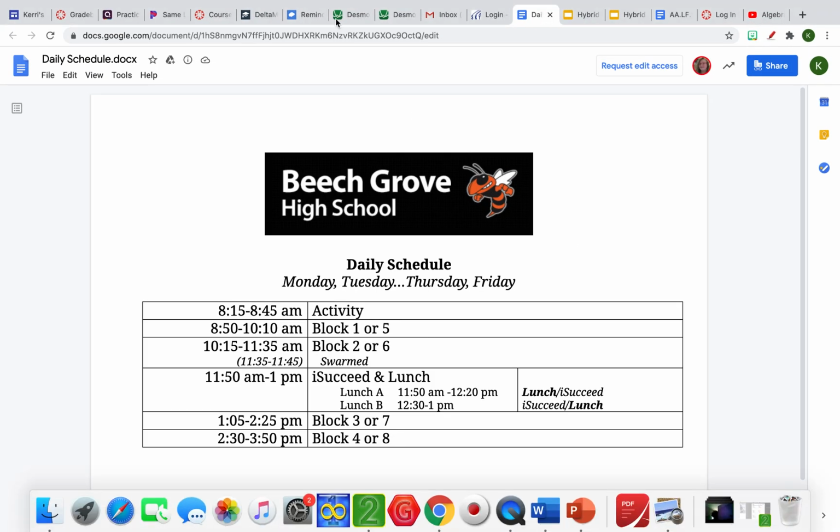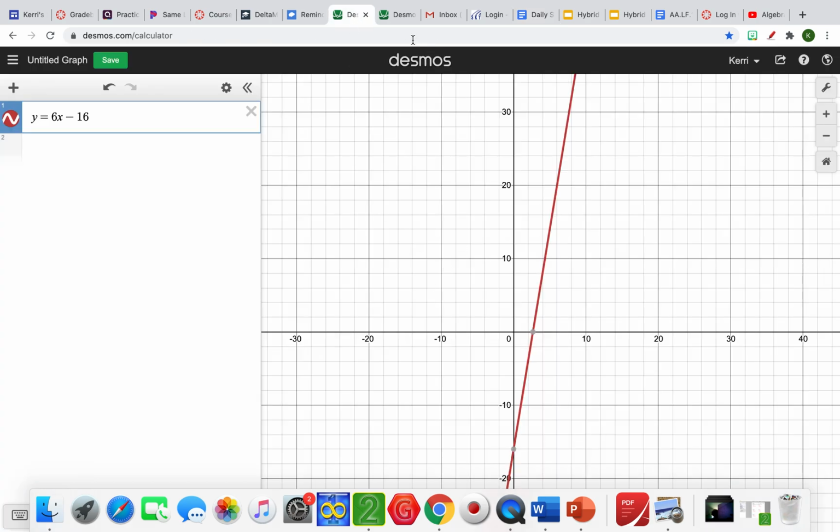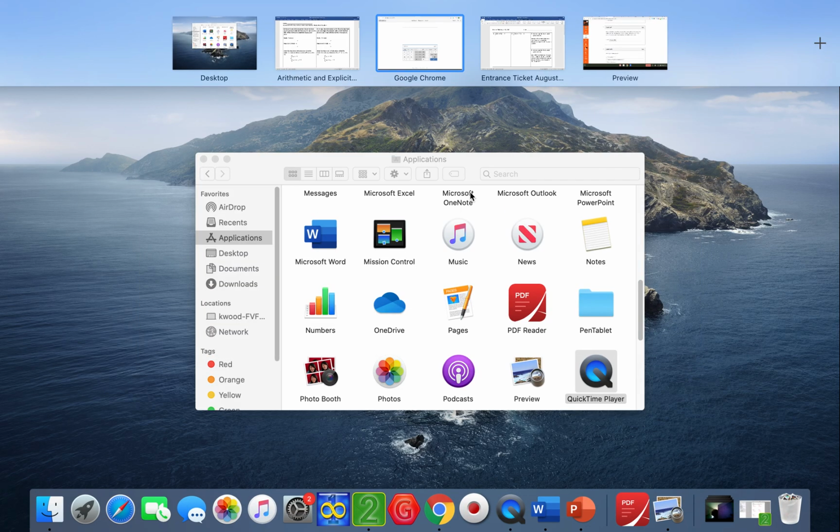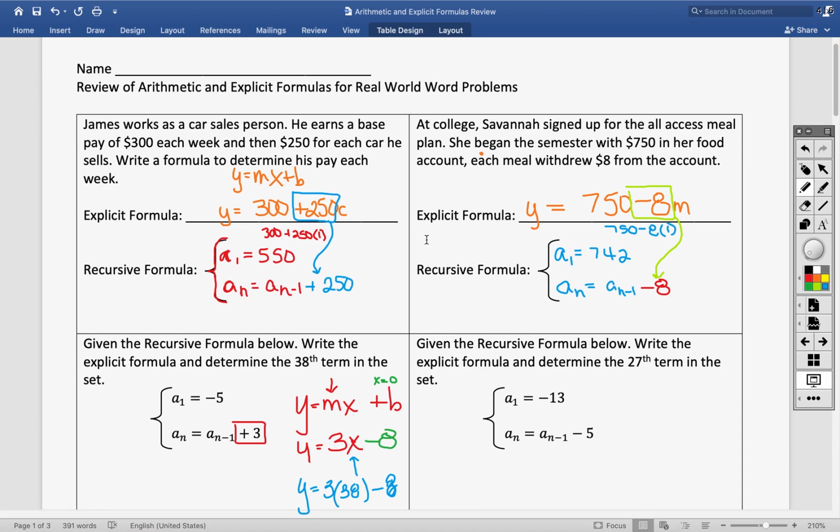That's the graphing calculator: 3 times 38 minus 8, and we would notice that it's 106. That's all you have to do. So what is the 38th term in this set? The 38th term in this set is going to be 106.